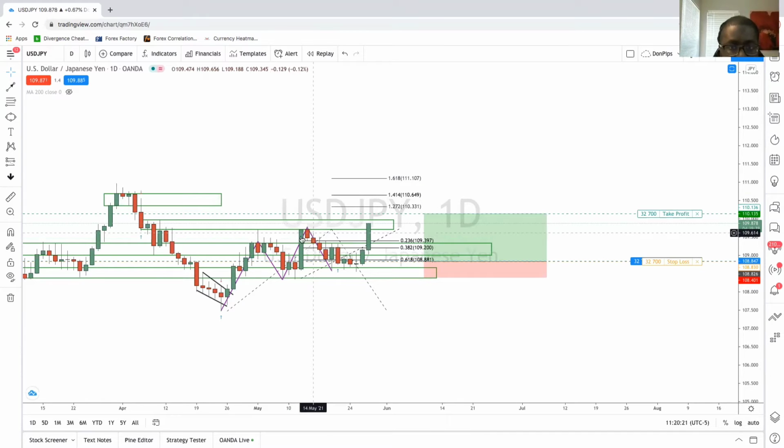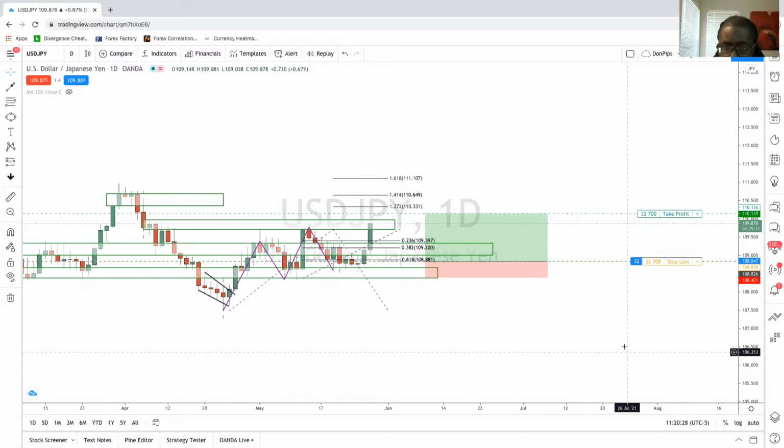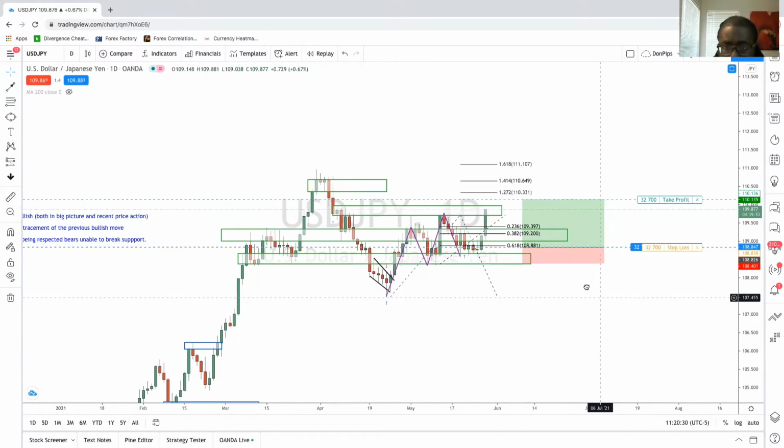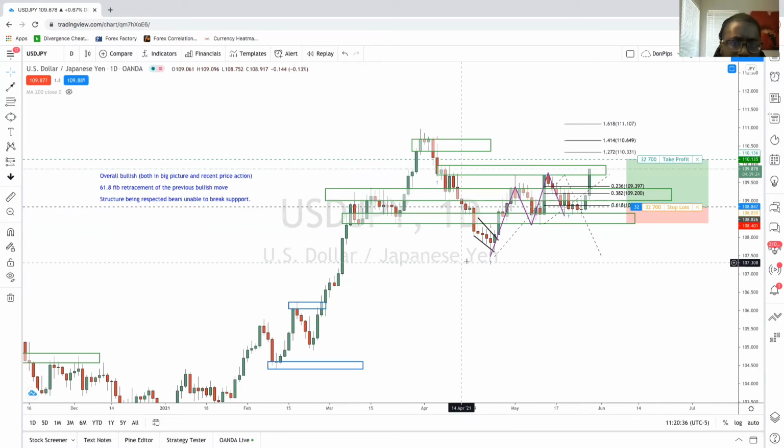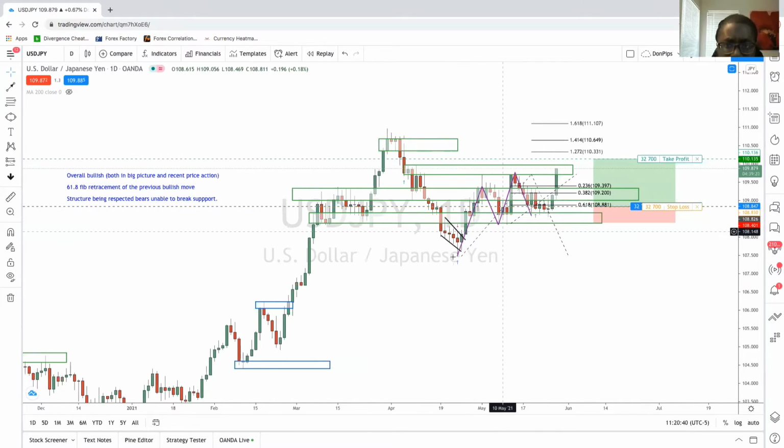And then as you can see here, we were able to push up and keep the ground that we covered. All right, let me zoom back out here real quick. That's what I mean by both in the bigger picture and recent price action: we can see higher high, higher low, higher high, higher low. We can see these moves.